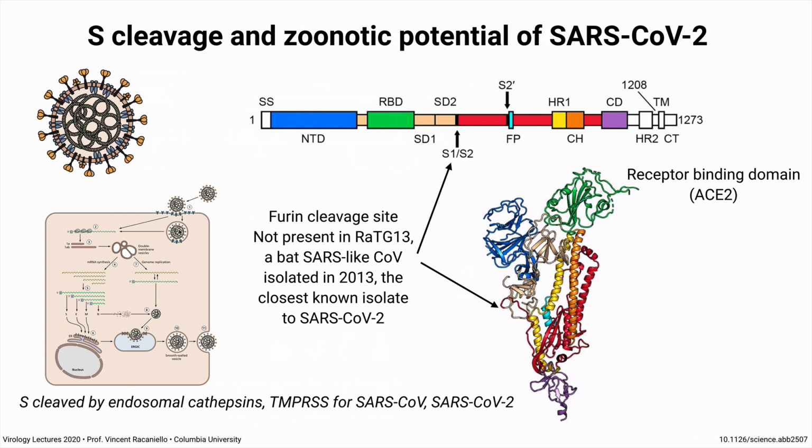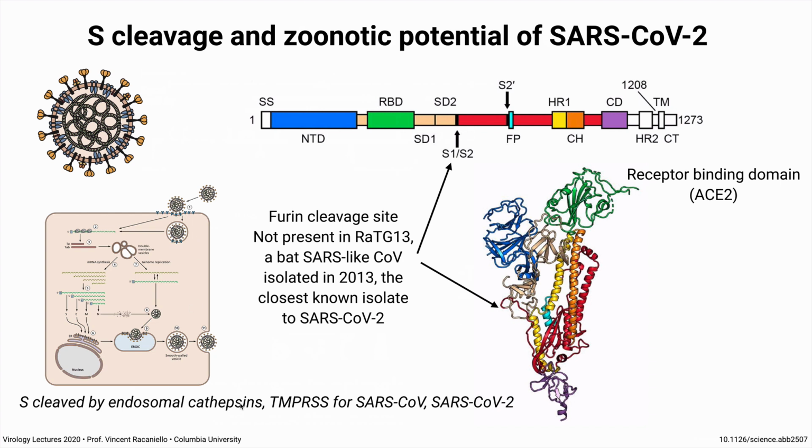The low pH dependent fusion requires cleavage of the spike, very much like cleavage of the influenza HA. And for many coronaviruses, it is known that endosomal proteases are responsible for the cleavage. So the cleavage happens on the way in.